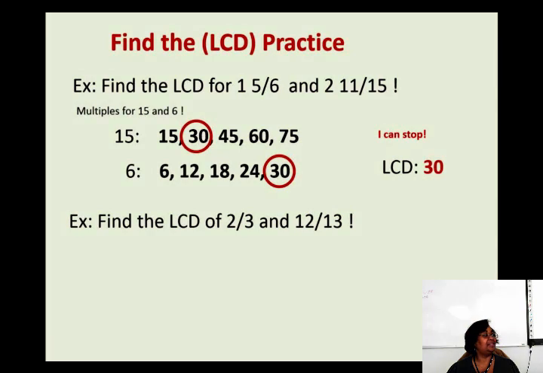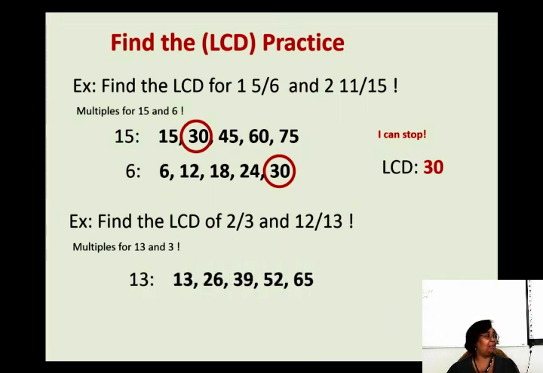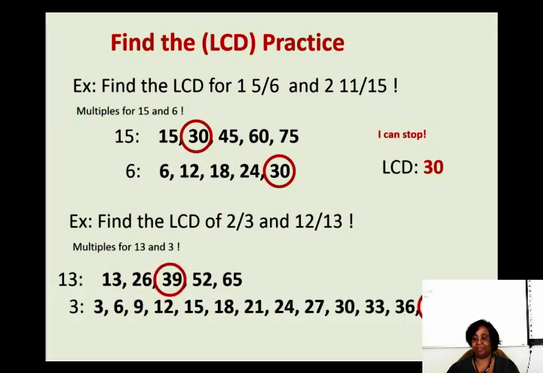What's the LCD? 3 and 13. 33. A little bit higher. What's 3 times 13? 39, yeah. And that's because both 3 and 13 are prime numbers, so I have to multiply them to get the least common denominator. So 39 would be my LCD.